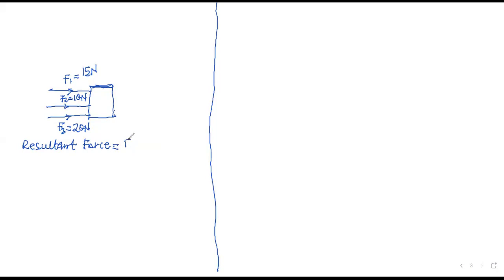So 15 plus 10 plus 20, we have a total of 45 Newton, meaning that the effect that can be given by F1, F2, and F3, only 45 Newton would produce the same effect.